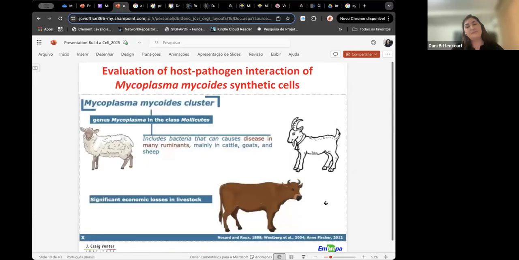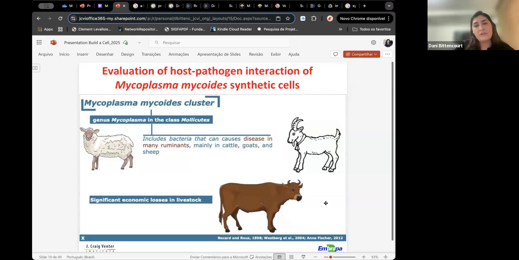So as I said, Mycoplasma mycoides are pathogenic cells. They cause disease that brings significant economic losses in livestock, mainly for cattle. In this case, Mycoplasma mycoides has a high specificity for goats.